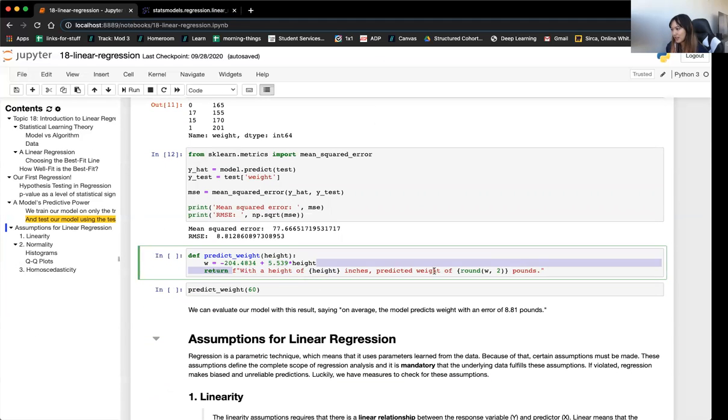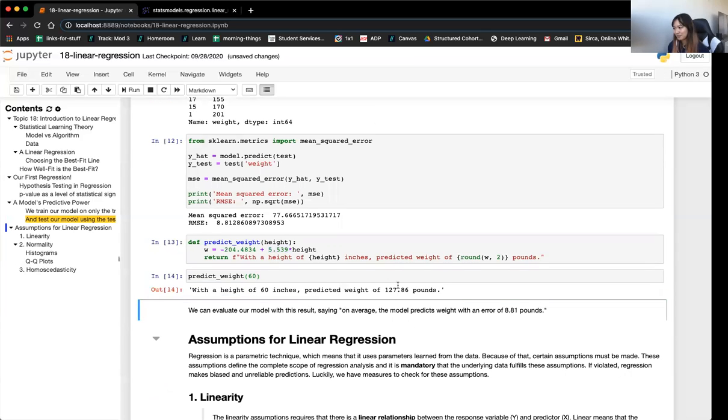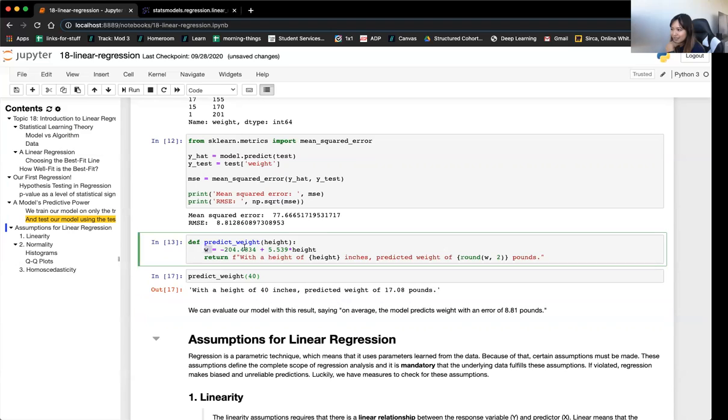What we can do here is this function will take in any number as height and give you a prediction for weight. So I can change these numbers. You can see like 100, you get that weight. You can actually take a look at those really short people, which will give wrong information, like negative pounds, if you have under, I think, under 40. I don't know what the number is, but basically, this is the function that results from the model that you trained.